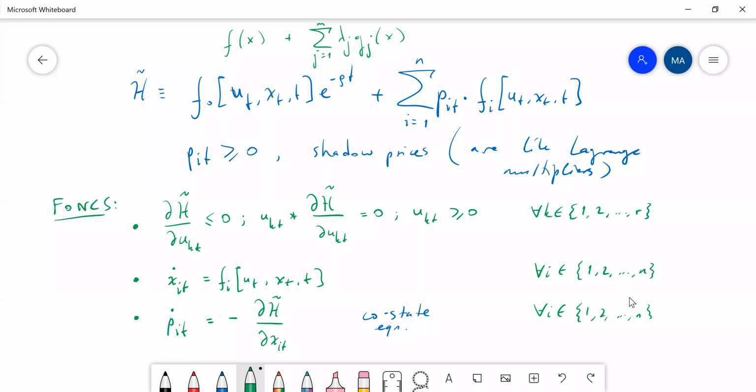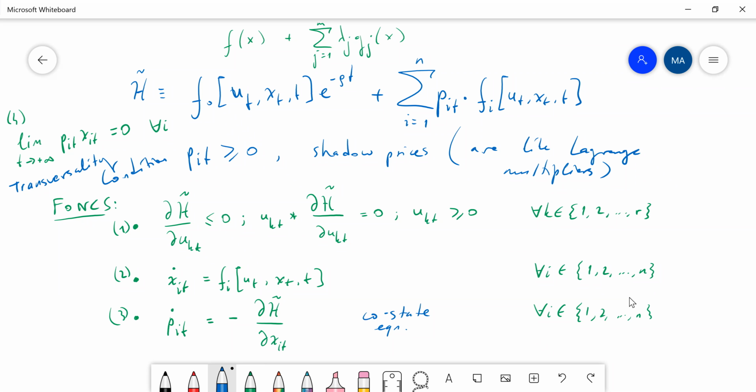Finally, this is 1, this is 2, this is 3, and the 4 is this. You must have the transversality condition: the limit as t goes to positive infinity of p_it x_it equals 0, and this must be true for all i.